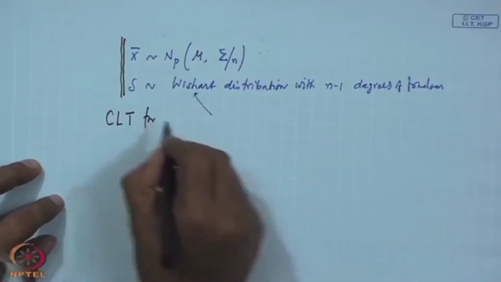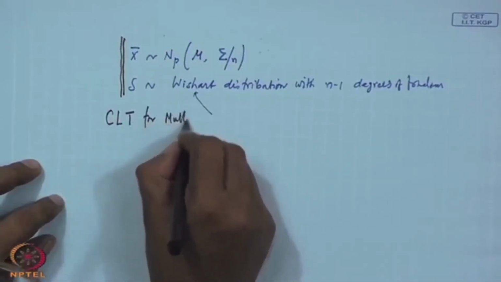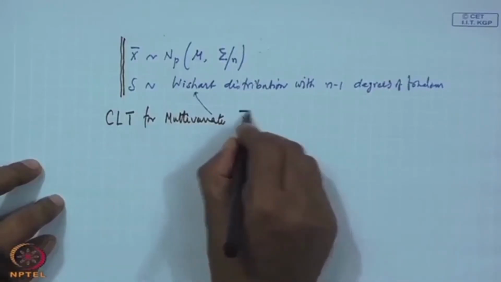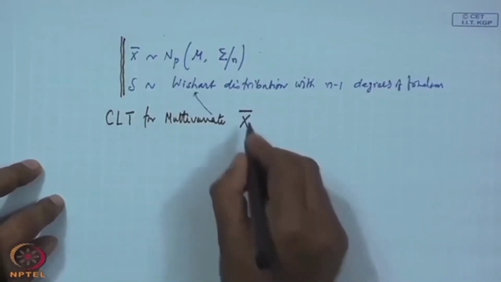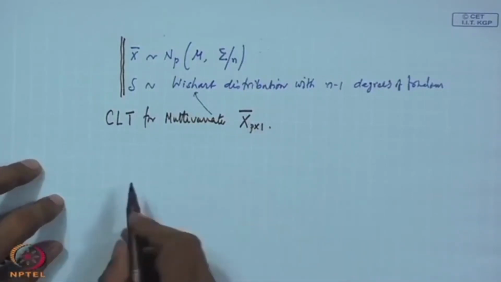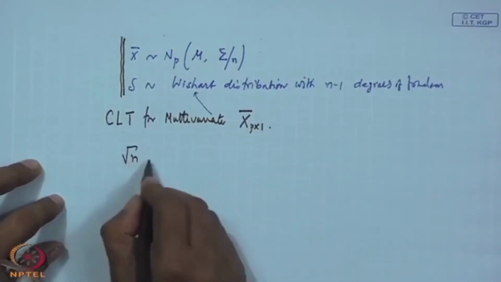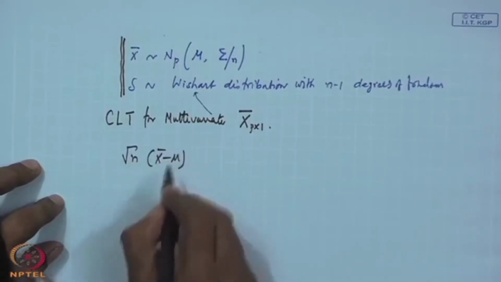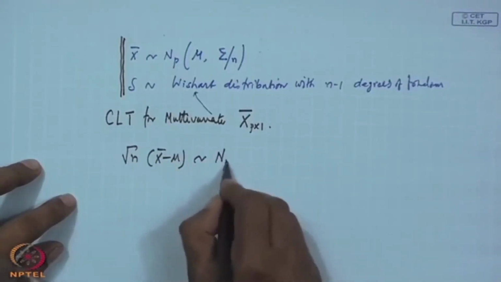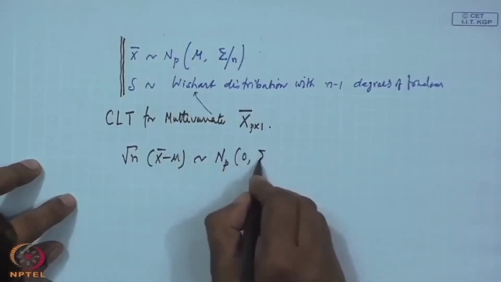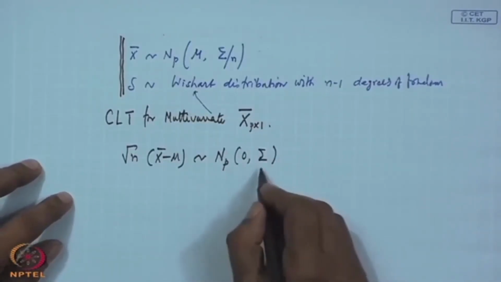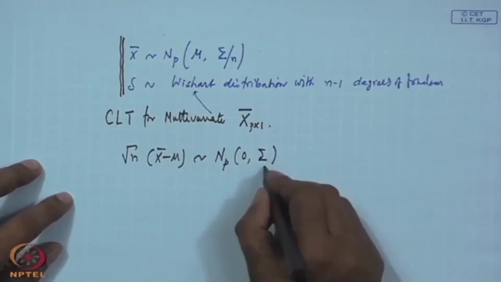For the multivariate random variable x bar, root n times x bar minus mu follows a multivariate normal with mean vector 0 and covariance matrix sigma.